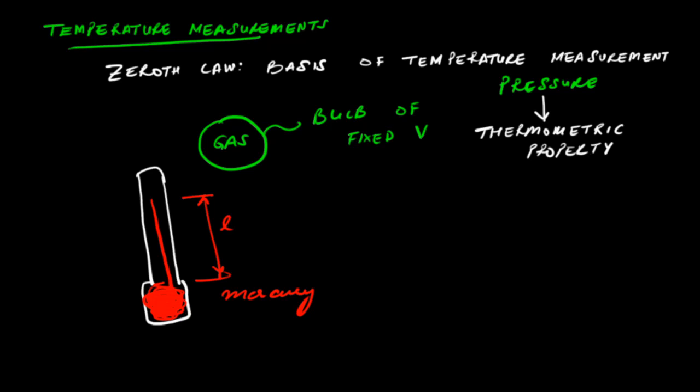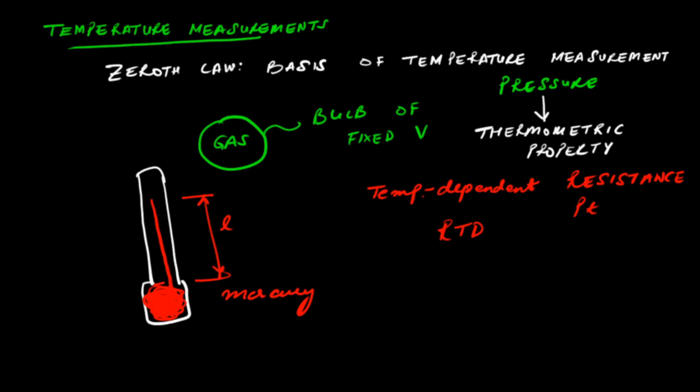Another example is, let's say you can have a temperature dependent resistance, and typically that is for a platinum wire, and that is used in the RTD thermometer, the resistance temperature detector.